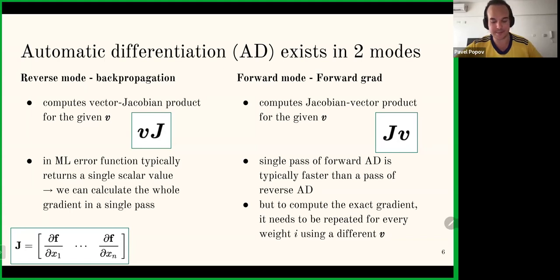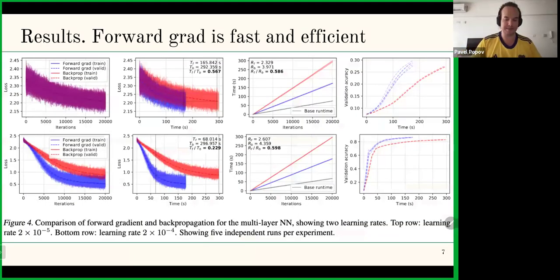And so in this paper, they showed these results after comparing the forward gradient and backpropagation. And what these results show is that forward gradient is typically faster. And moreover, it is also better at actually minimizing the loss function. So the blue lines here are the forward gradient.